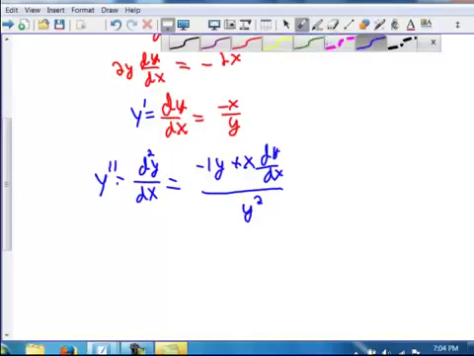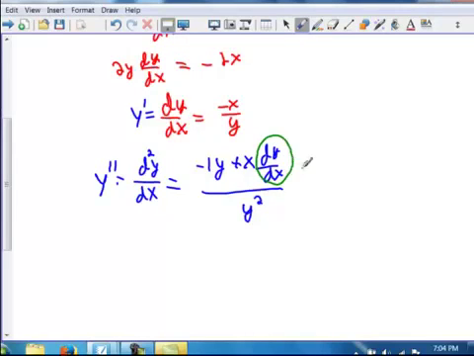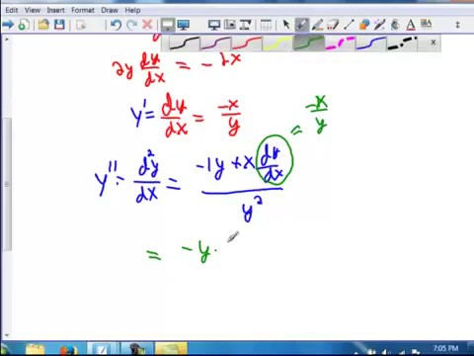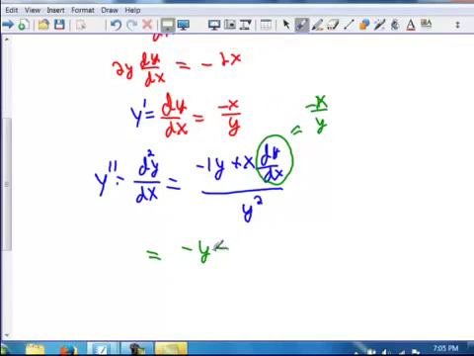So far, so good. I'm going to start plugging some values in. I know this is negative x over y. So I have this is equal to negative y minus x times negative x over y, all divided by y squared.